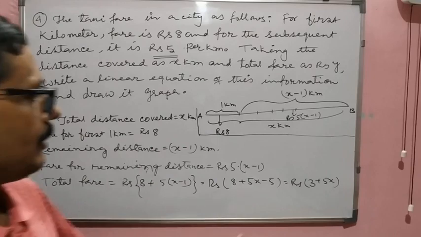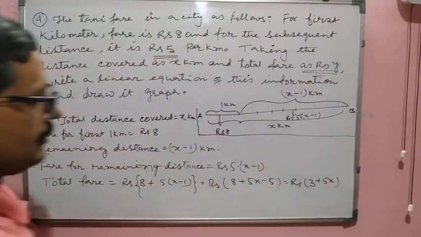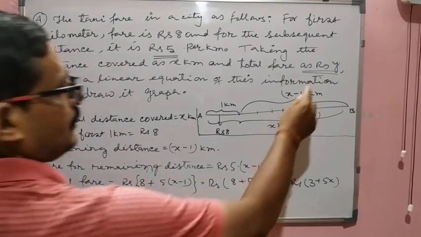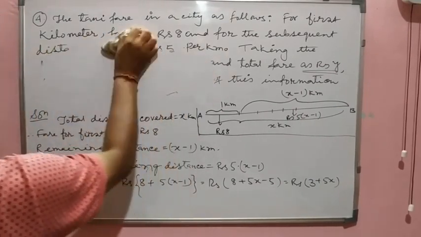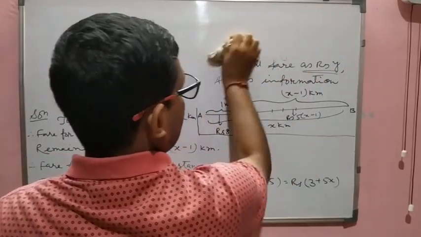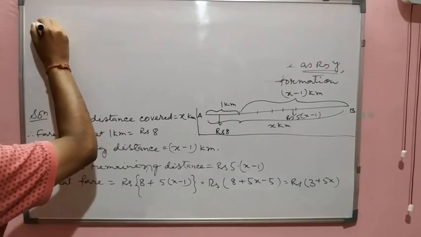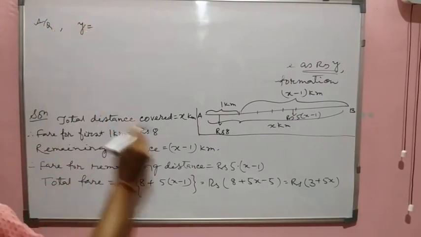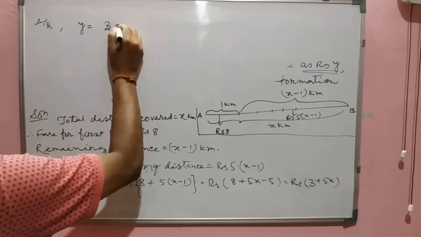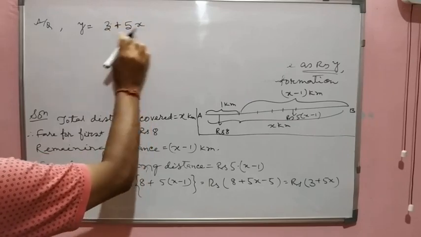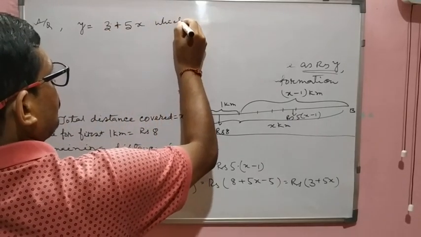So this is the total fare. And according to the question, the total fare given is ₹y. So according to the question we can say that y equal to 3 plus 5x. So this is the linear equation. This is the required linear equation.